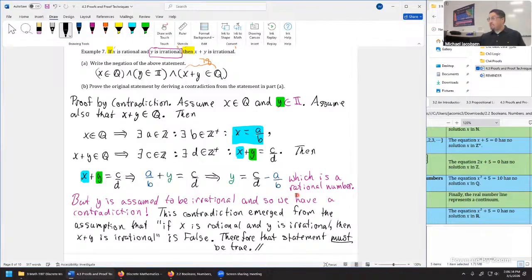There's no other way around it. If we assume that this is false and we contradict a statement saying Y is at the same exact time irrational, but also a rational number, a difference of two fractions, we hit a contradiction, and it was because we assumed the falsity of the original implication. It's therefore true. There's nothing further we have to show on that.